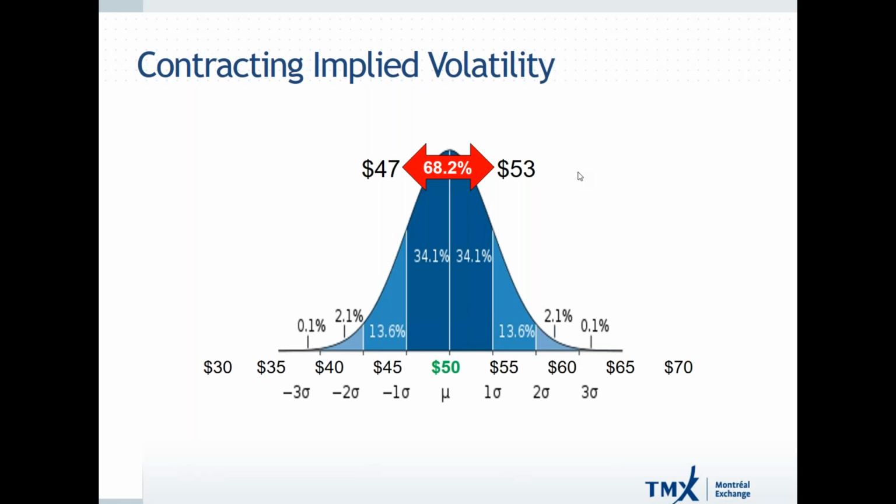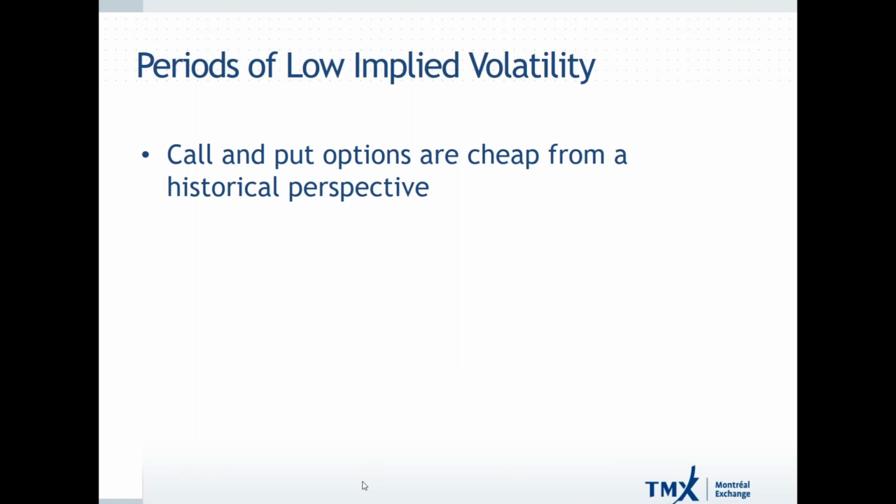So it's important to be cognizant of just what the implied volatility of the options are comparative to the historic volatility, so that you can then make a better decision as to what strategy may be the most important.